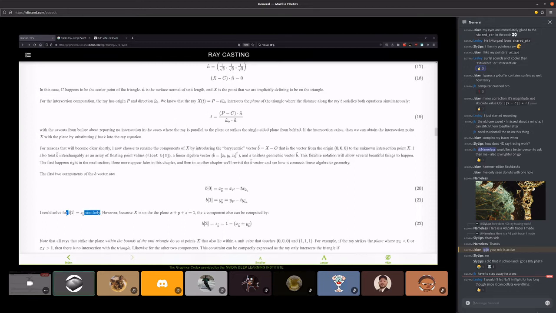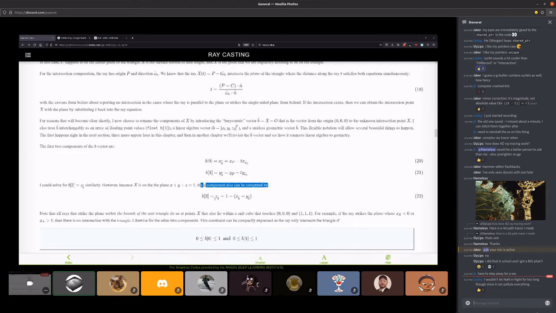So they described that B2 could be expressed similarly, z of P minus T z of omega. X is on the plane, and the z component can also be computed. So we can define the third component of B in terms of the first two components, because we have the equation x plus y plus z equals 1. So we substitute our x and our y and move them over to the other side to get 1 minus x of b plus y of b.